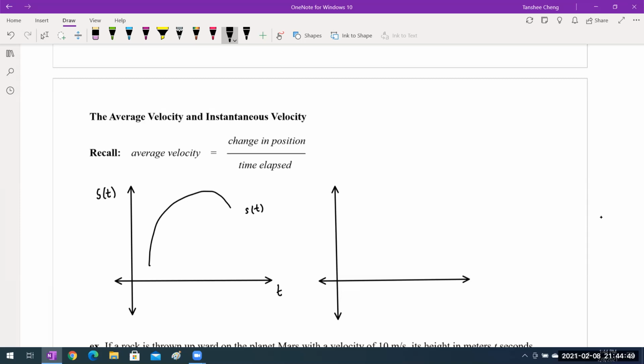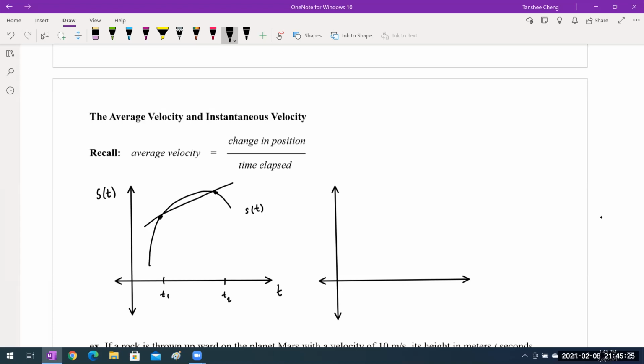And we know that here's the first time and here's the second time. The change in position divided by the time elapsed is basically what? Average velocity. That's something that we learned. And from the graph, this change in position divided by change in time, the average velocity, is nothing but what?